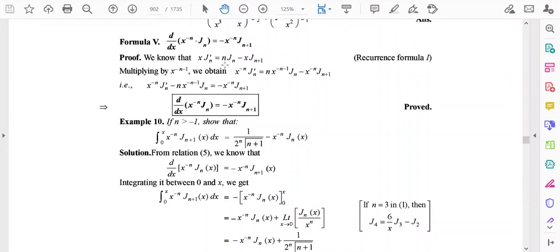So after multiplication, we obtain x to the power minus n Jn prime is equal to n x to the power minus n minus 1 Jn minus x to the power minus n J(n+1).